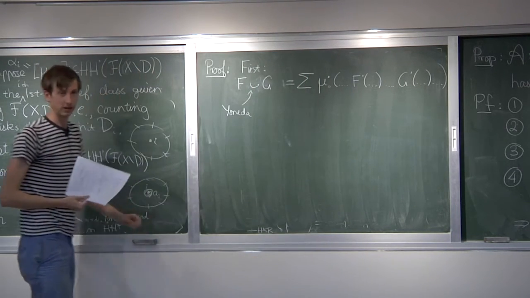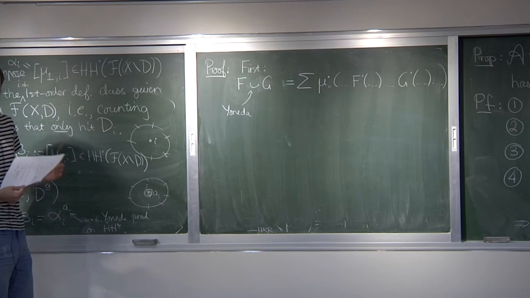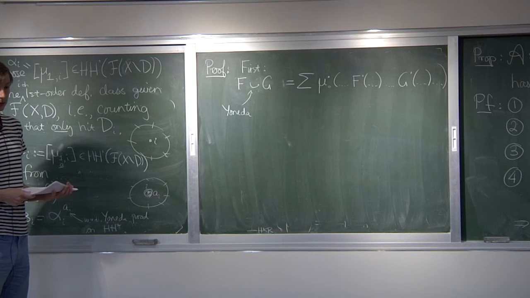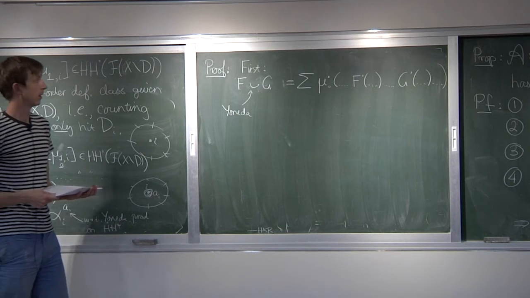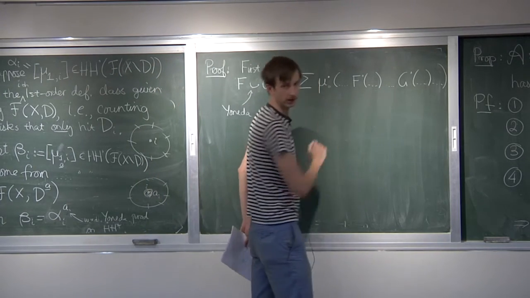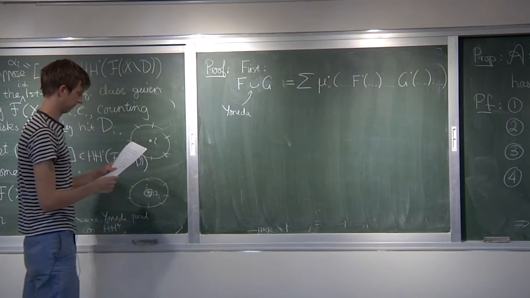Summing over all possible ways of doing that gives you this product. There are dots between F and G. It means there are some inputs in between: one F, one G, but some inputs here.